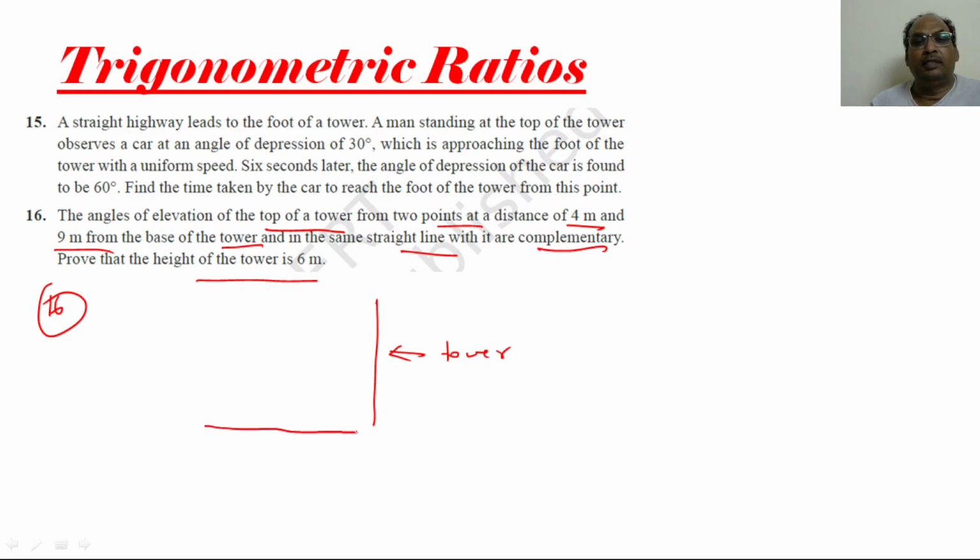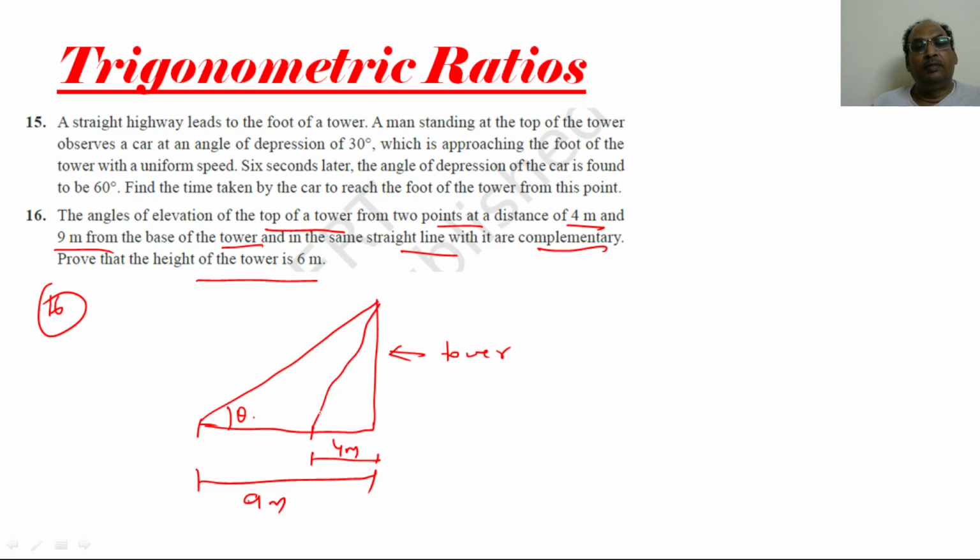And let us take 2 points, at a distance of 4 meter and 9 meter from the base of the tower and in the same straight line with it, which are complementary. So this is some theta, this is some psi.